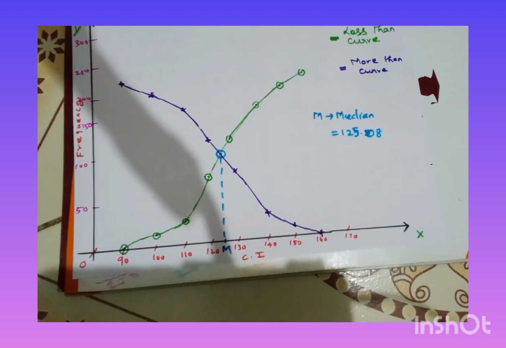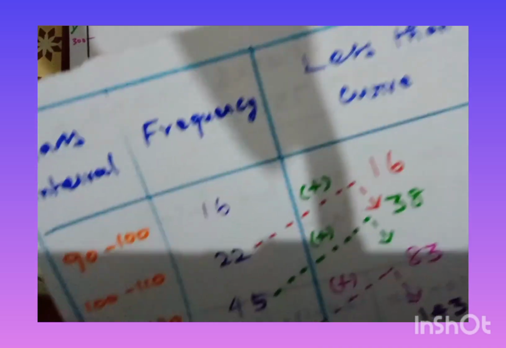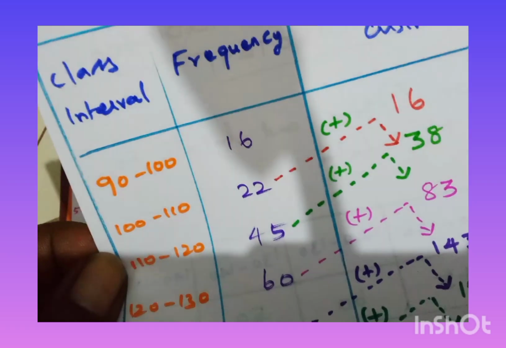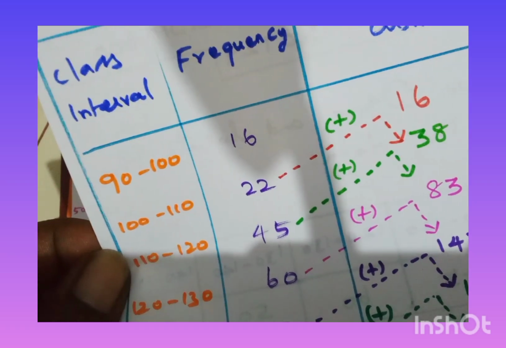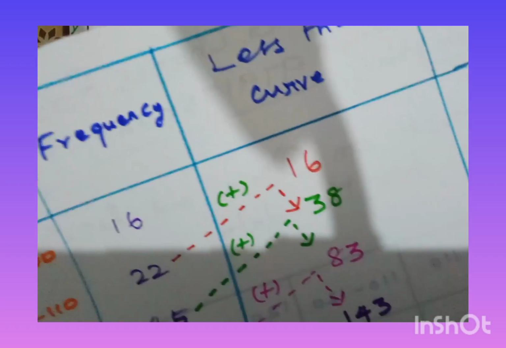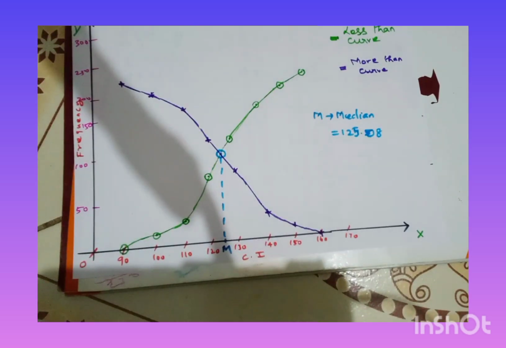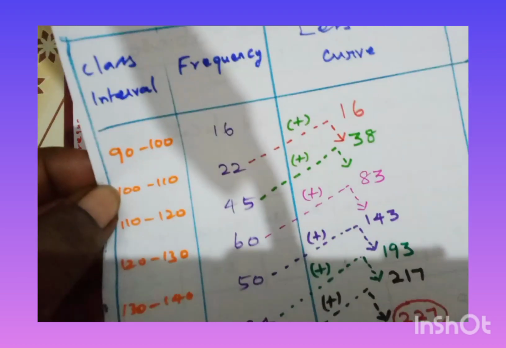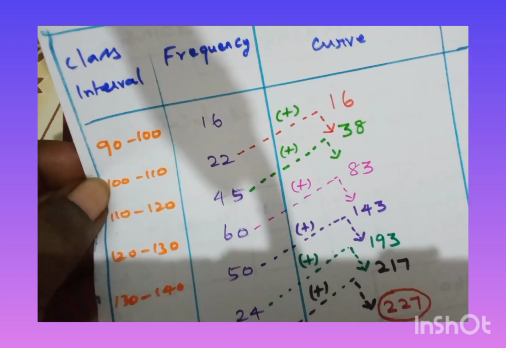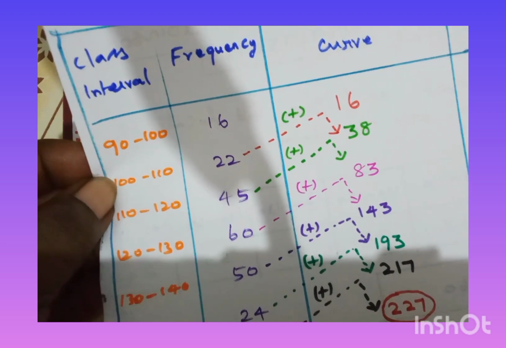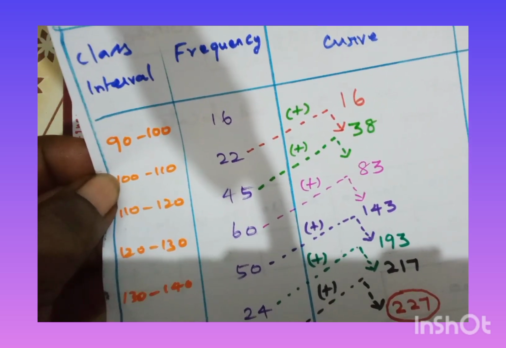Okay, after completing this, just take the more than curve, that is 227. Take the very first interval, the lower limit 90. For 90, you take 227. See the diagram, for 90 it is 227. Then the second interval, the lower limit, that is 100. Only consider the lower limit for the more than curve. For the less than curve, consider the upper limit of each interval except the first.